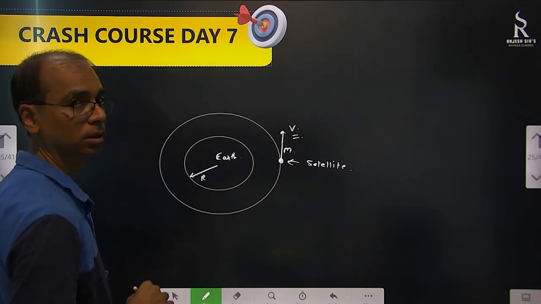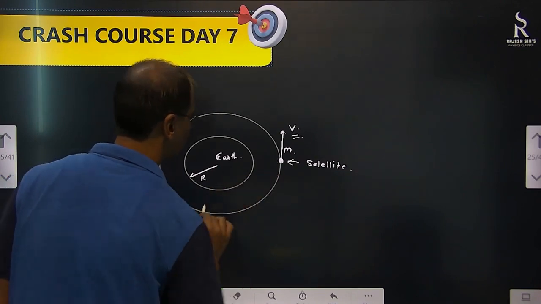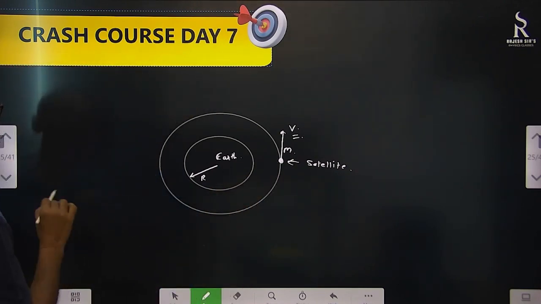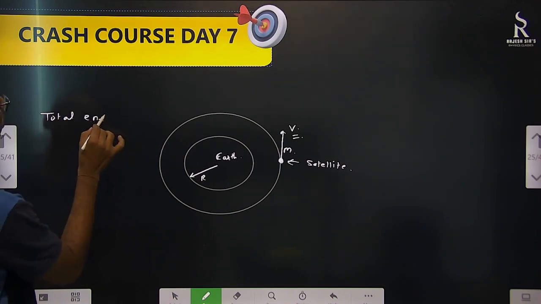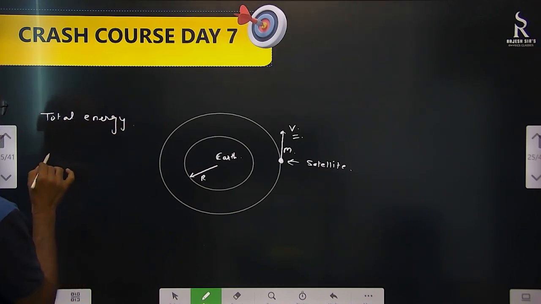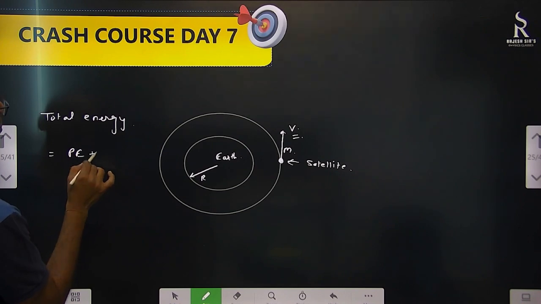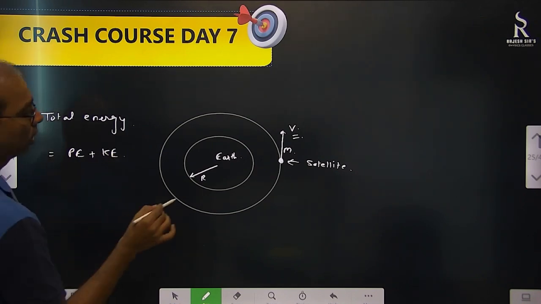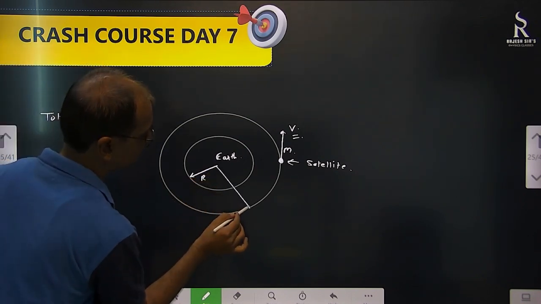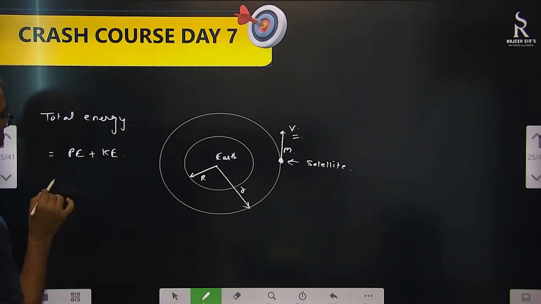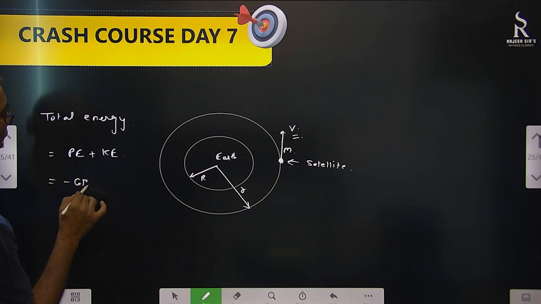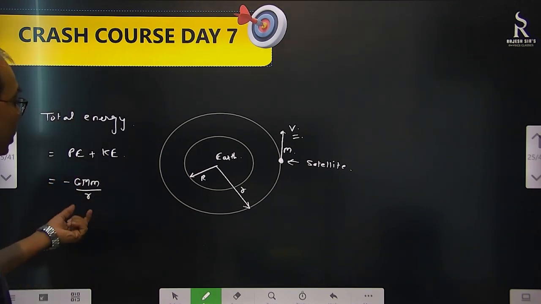Yes. Okay. So this planet, or this satellite rather, its total energy is the sum of potential energy and kinetic energy. Okay, and suppose the radius of the orbit is small r, then potential energy is minus GMm by r, G m1 m2 by r.